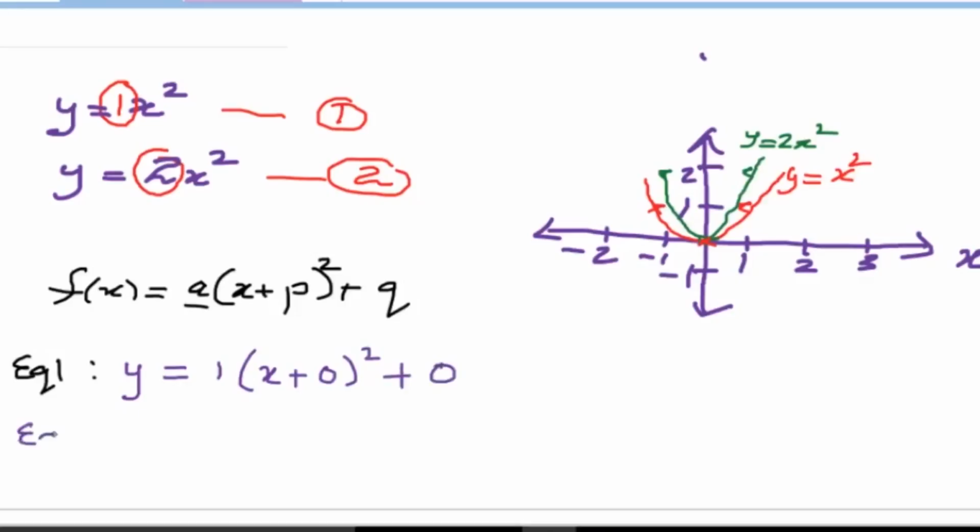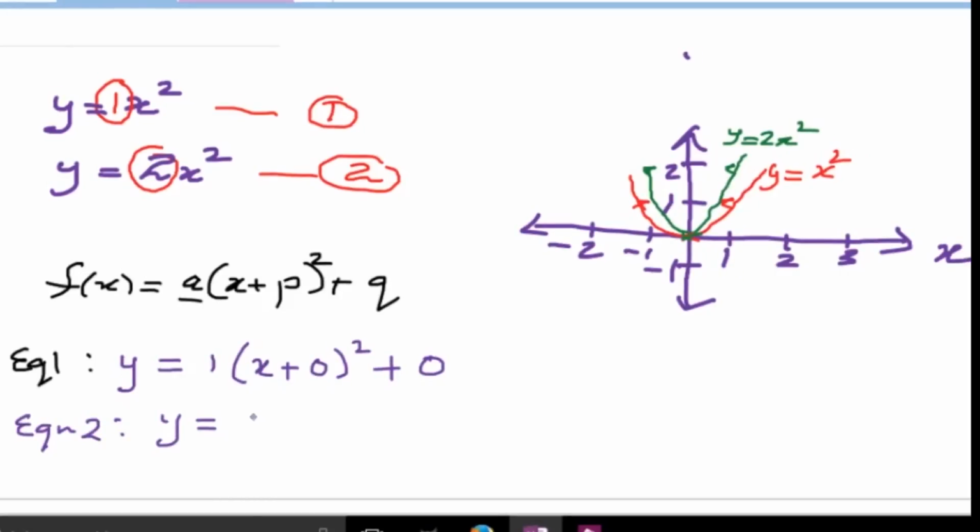And if we look at equation 2, y equals a is 2, we have our x plus 0 all squared plus 0. This is how we represent equation 1 and equation 2 in standard notation given in this equation 3.